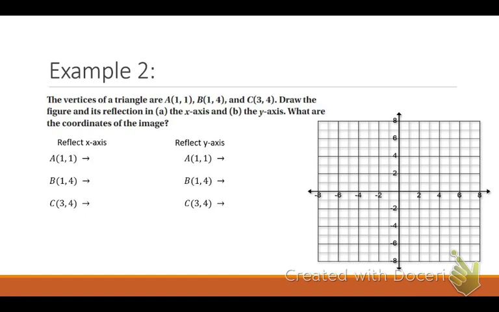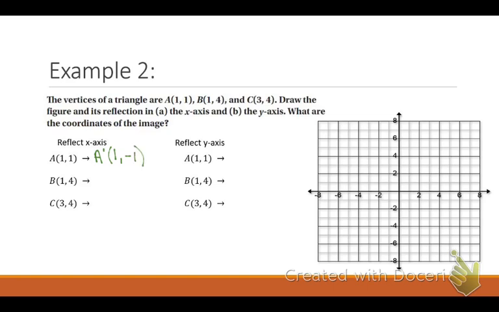So if our original pair is 1, 1, I need to do the opposite of y in my new pair, so it becomes -1. So now it becomes 1, -1. Remember to put that little apostrophe after A, which just means that it's the image. We call it A prime.